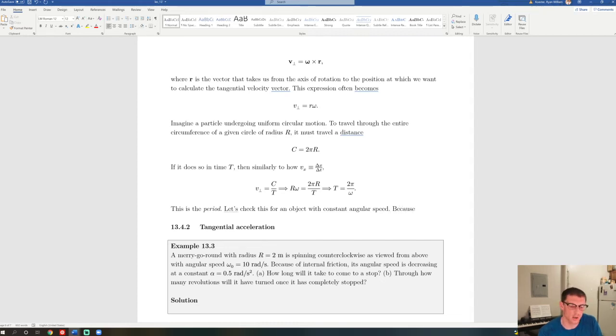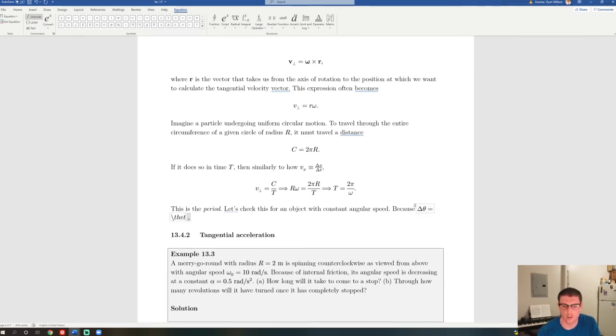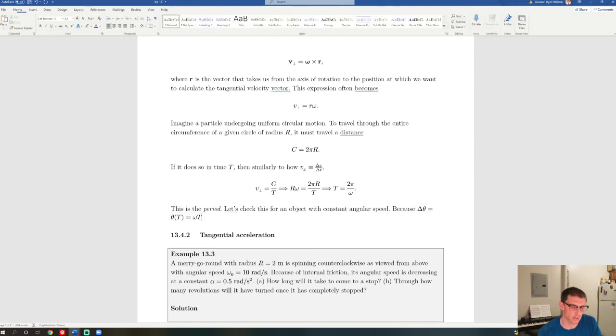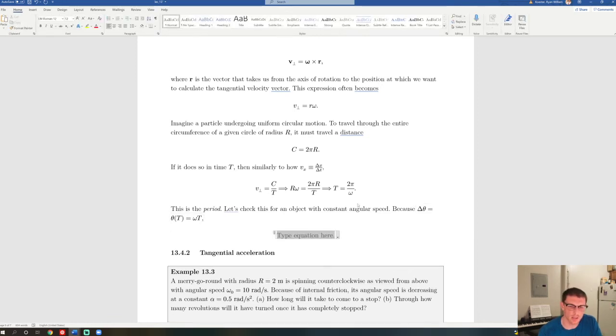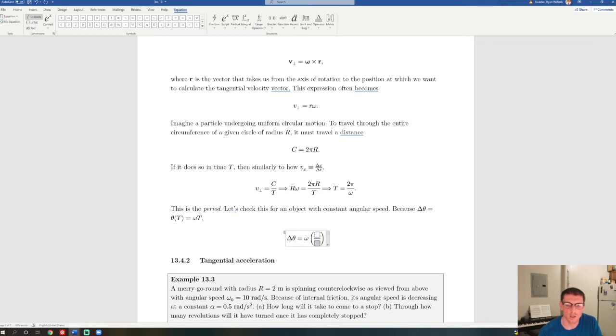Because delta theta equals theta evaluated at the period, which is omega times the period, we find that delta theta equals omega times big T. Now remember, we just found big T to be 2 pi over omega, right?